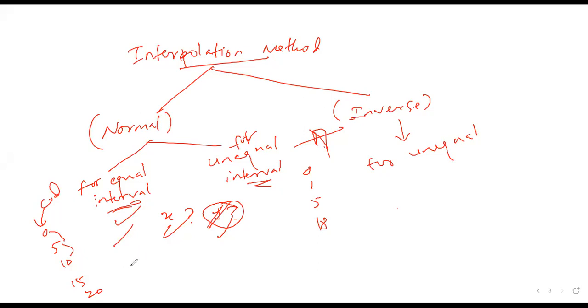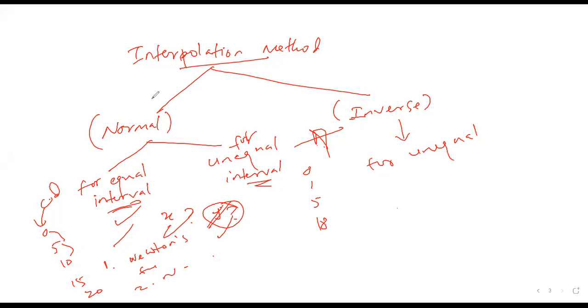What are the possible methods? Under this one, we're going to study Newton's forward as well as Newton's backward interpolation formula. So the Newton's forward and backward difference is going to come again.